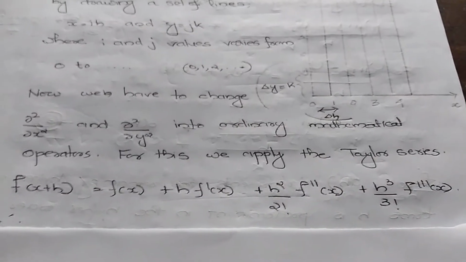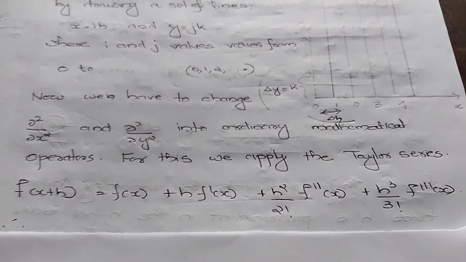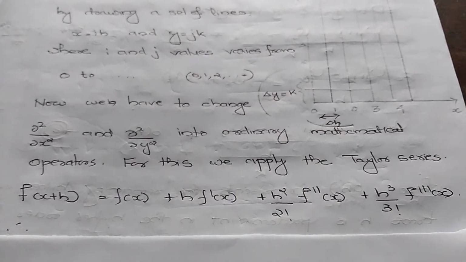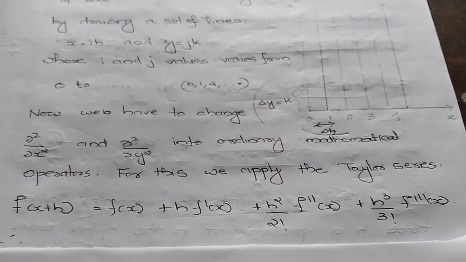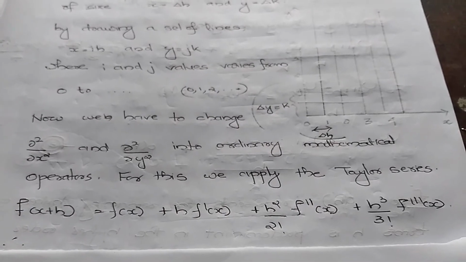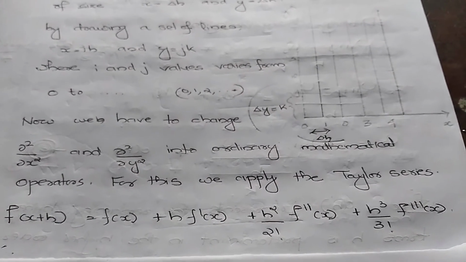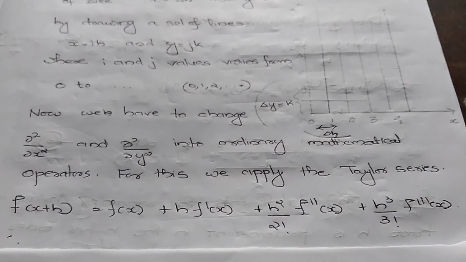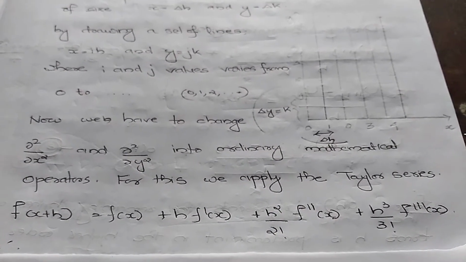We know that f of x plus h is equal to f of x plus h into f dash of x plus h square by 2 factorial f double dash of x plus h cube by 3 factorial f triple dash of x, and we can see the Taylor series expansion.